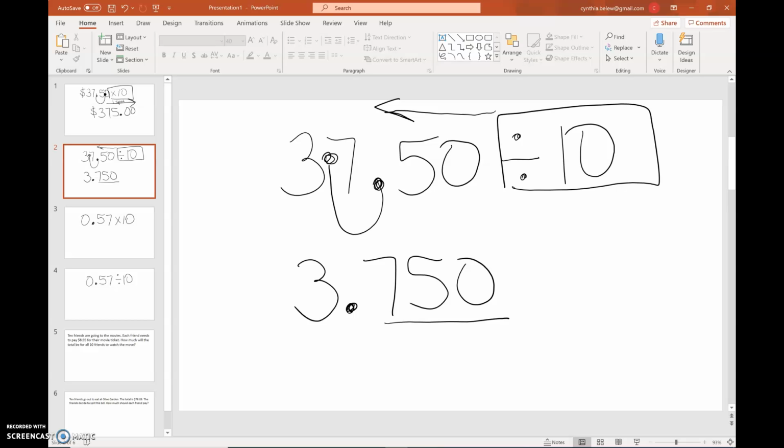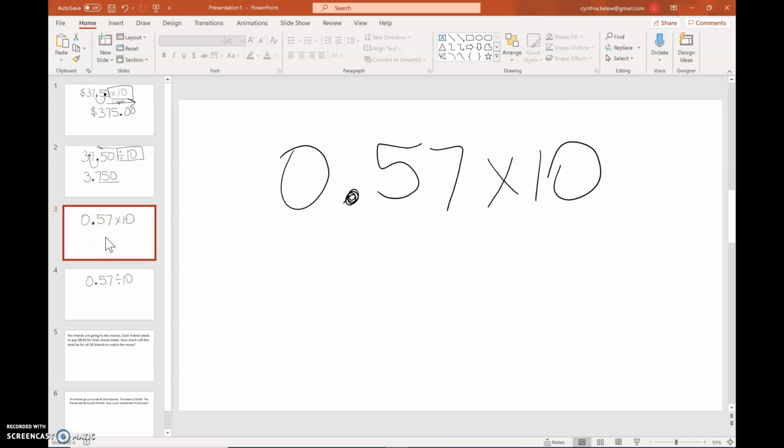They just need to remember, if you multiply by 10, it slides one spot over to the right. If you divide by 10, you slide that decimal one spot to the left. I've got a few more examples. So I have 57 hundredths times 10.